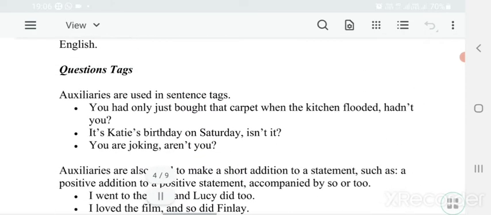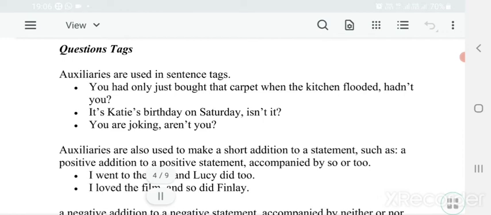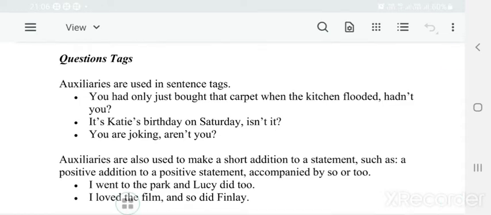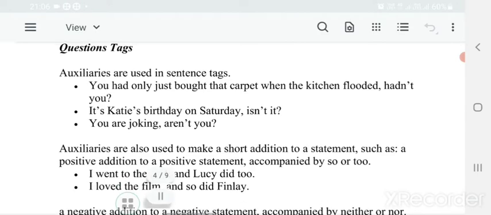Now one important aspect of these auxiliary verbs is that they can be used in making question tags or sentence tags. What are sentence tags and what is a tag? A tag is something which is attached to something. One important feature of auxiliary verbs is that we can add some question tags to any sentence.